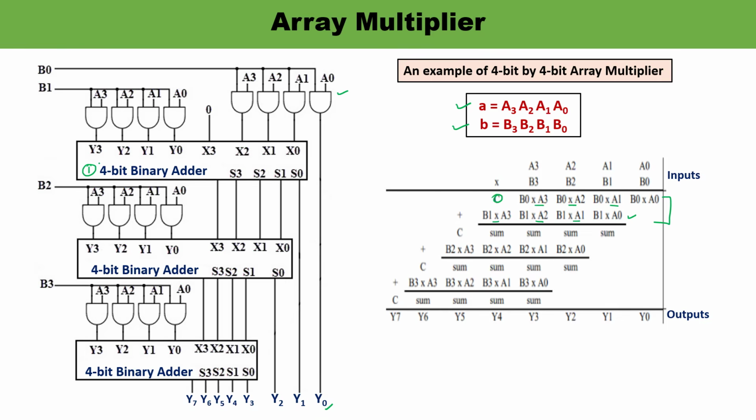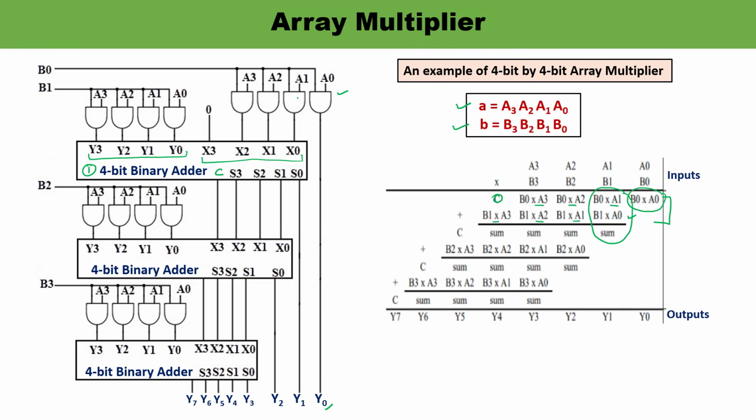Now when these two numbers are added by the binary adder, we will be getting the sum, which is S0, S1, S2, S3 and a carry, right? Now keep observing these two stages. Y1 is the summation of these two terms only.